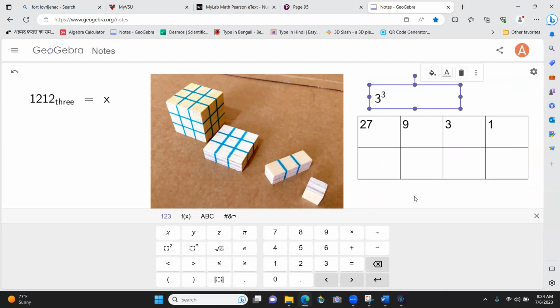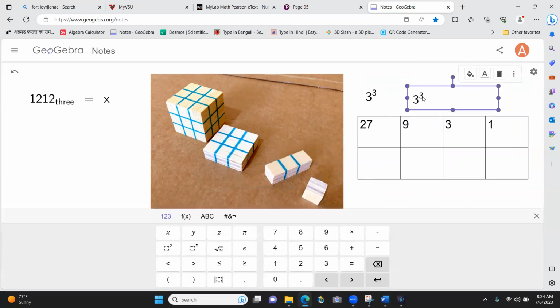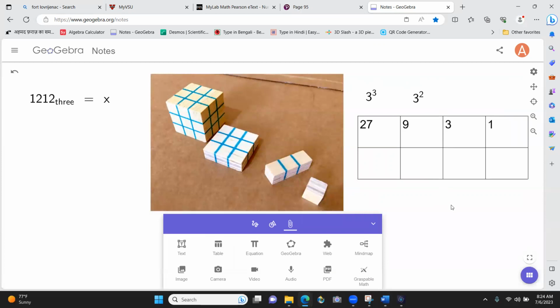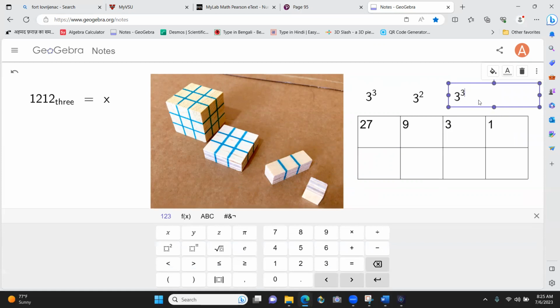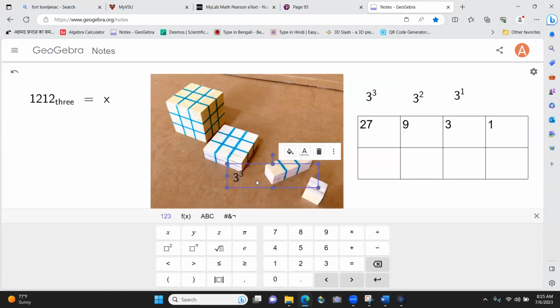Okay, it's the same. And instead of 9, I can write 3 to the power 2. Instead of 3, I can write 3 to the power 1. Generally, we don't put a 1, but I'll put it just to emphasize. Instead of 1, I can write 3 to the power 0 because any number raised to the power 0 is 1.